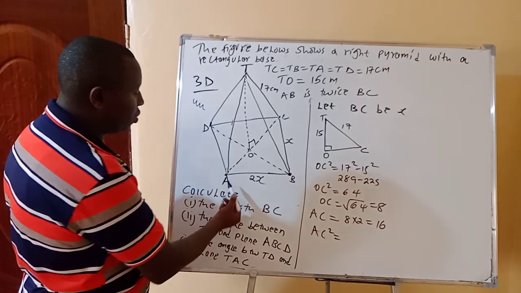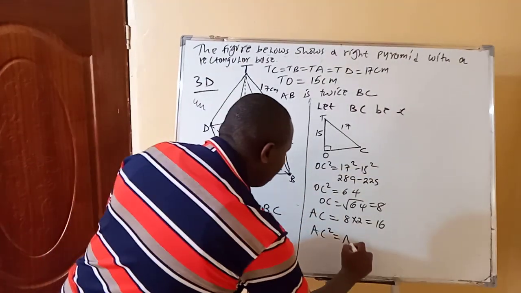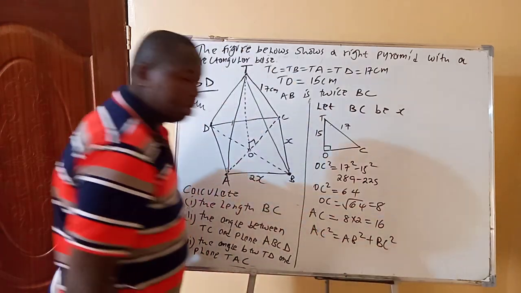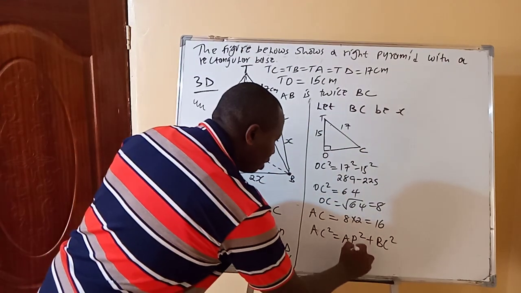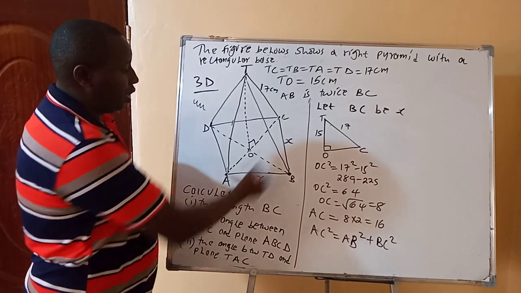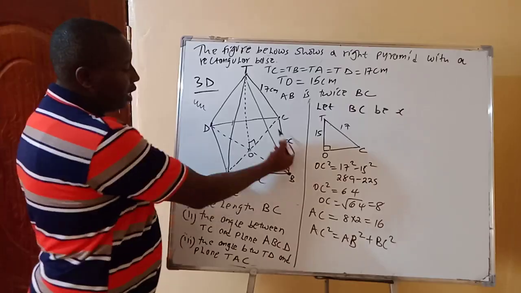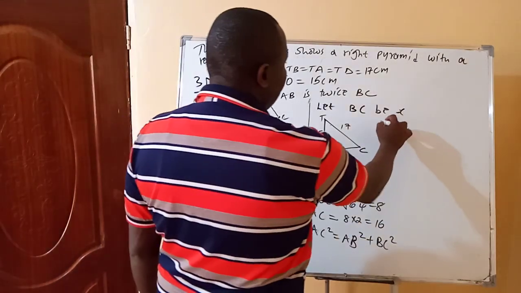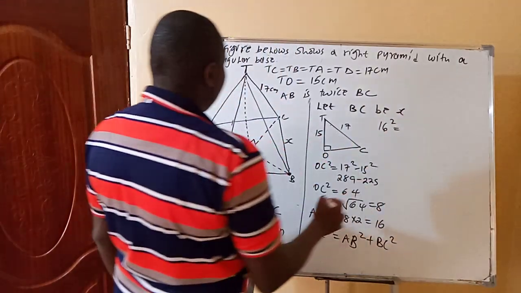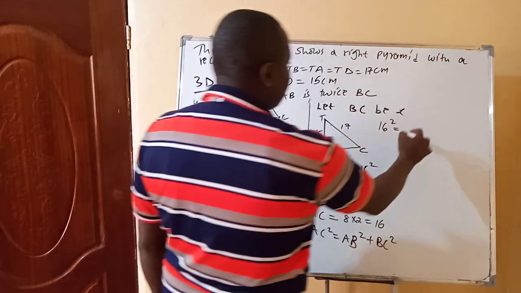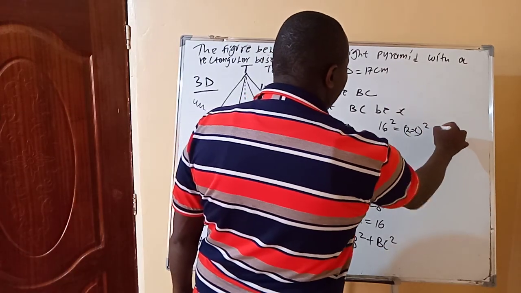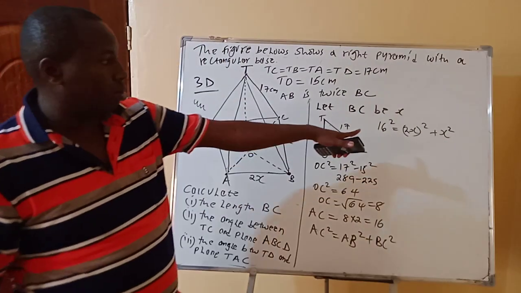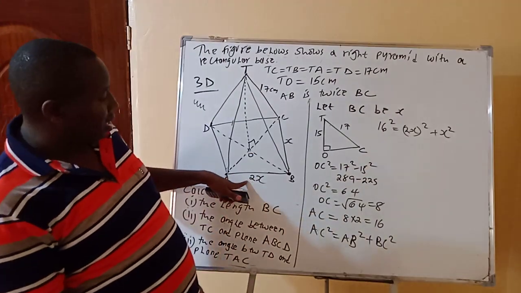AC squared is equal to AB squared plus BC squared. We have got that AC is 16, so 16 squared is equal to (2x) squared plus x squared.